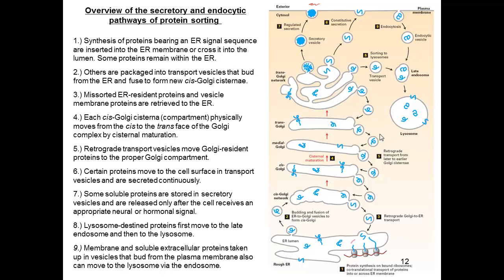There is also retrograde transport from stacks even back to the endoplasmic reticulum, which can occur if proteins get missorted and get further along in the process than they should. There is a mechanism to bring them back for another attempt at sorting. Anyway, you should know all 9 of these steps very thoroughly for the tests.